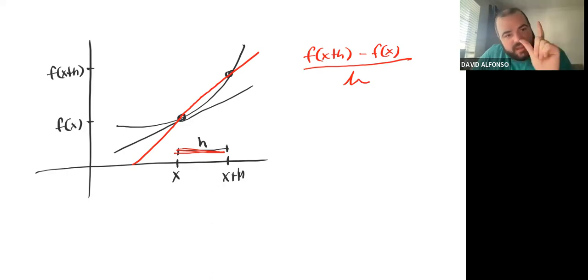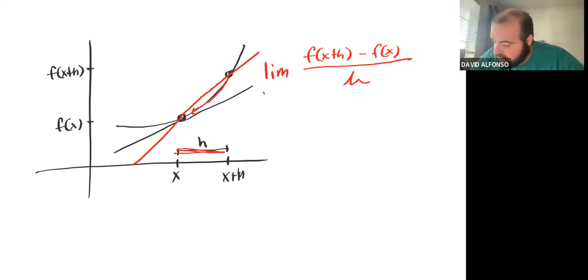But now, if you make h approach 0, listen to the key word, approach. You can't make it equal 0 because then you're going to get 0 divided by 0, which is, of course, an indeterminate. But if you make h approach 0, you can visualize that as this point gets closer and closer to this point, the slope of the secant line is going to approach the slope of the tangent line.